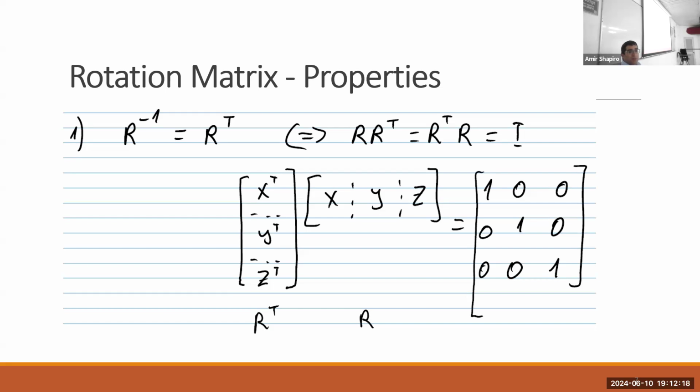We can prove this by looking at R transpose R, which equals I. If we take R transpose R, it is X transpose, Y transpose, Z transpose times X, Y, Z. We have the unity matrix: X transpose X is 1, X transpose Y is 0, and so on.